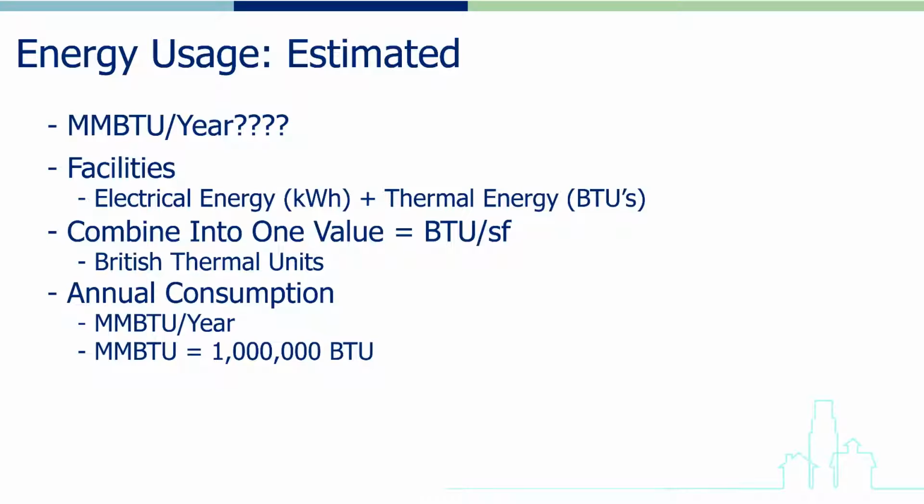Combining the electric energy usage, now in BTUs per square foot, with the heating energy usage already in BTUs per square foot, we can generate a combined energy use value in BTUs per square foot that can be used to compare energy consumption across a range of facility types. This consumption is typically aggregated into annual energy usage amounts that are expressed as MMBTUs per year, where each MMBTU equals 1 million BTUs.